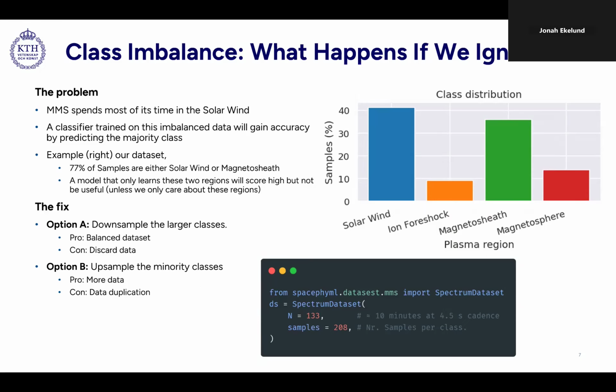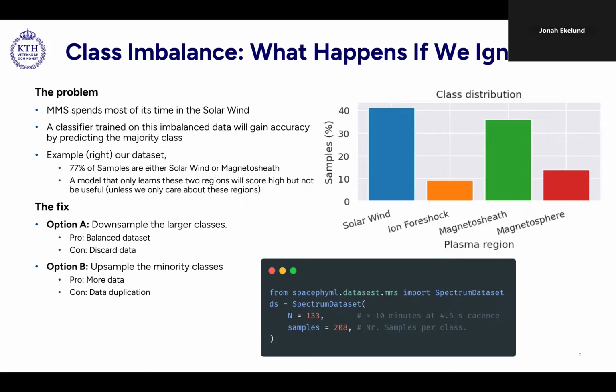We can also upsample data, so we could either sample the minority classes multiple times, or even in some cases try to interpolate the data for these minority classes, so basically create new, synthetic data. But if you upsample data, we instead have the con that we don't actually have more foreshock data. We only have more of the same samples.